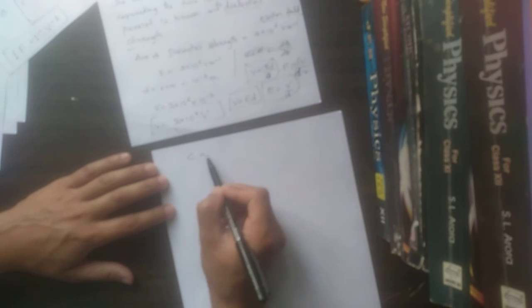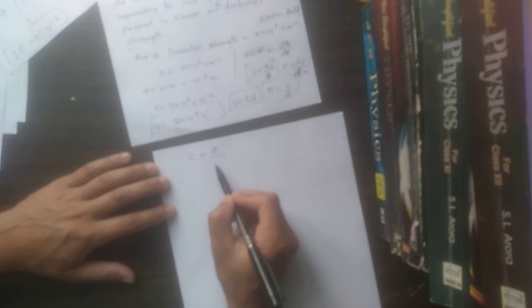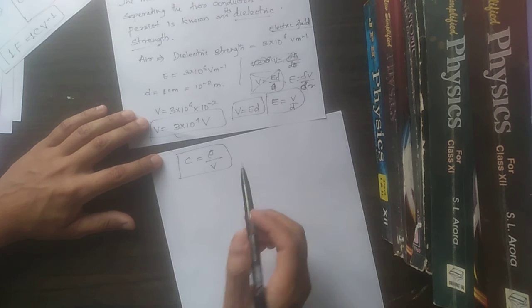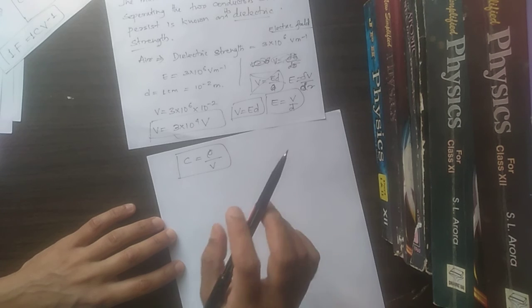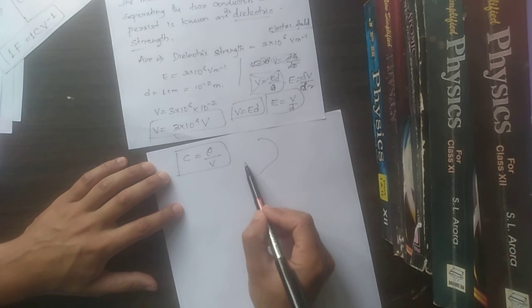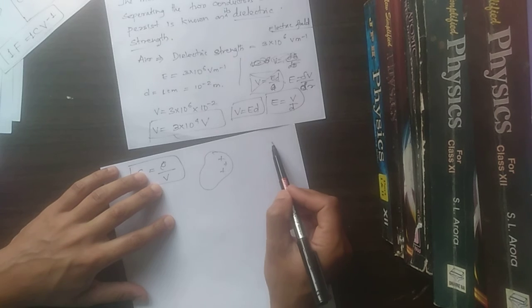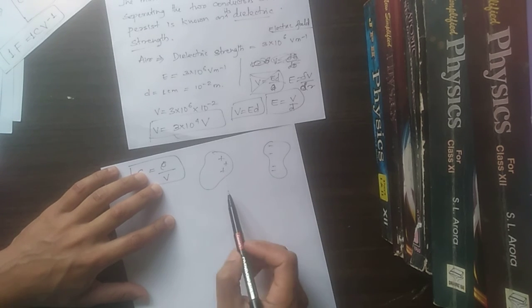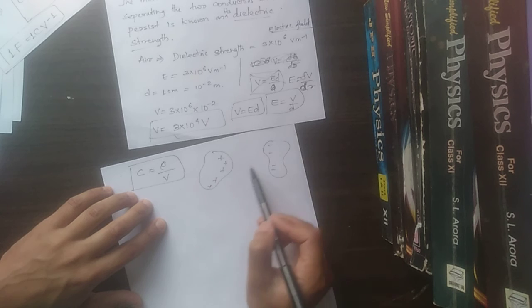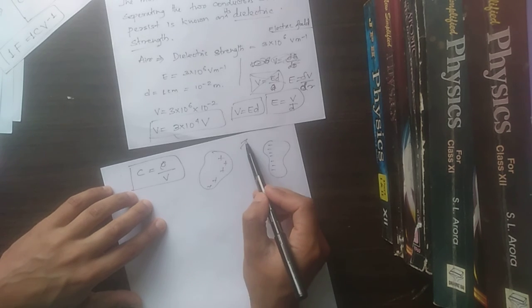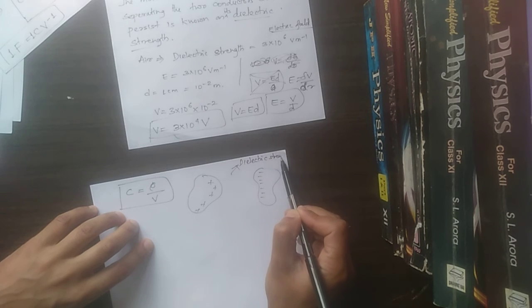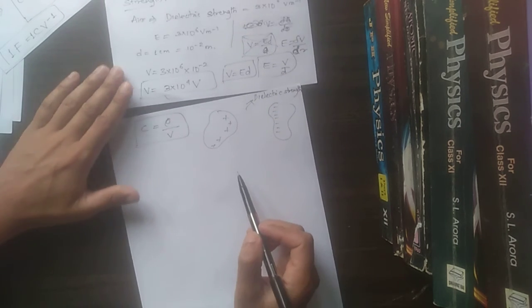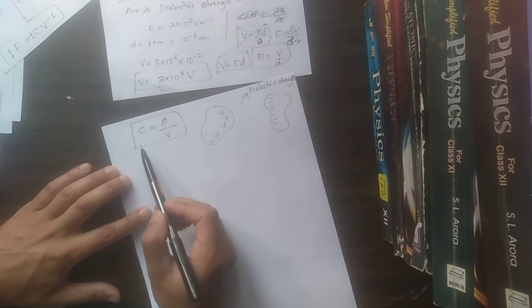We have capacitance equal to charge divided by V. If we want to operate this parallel plate capacitor without breaking its dielectric strength, what we will do is increase the value of C.